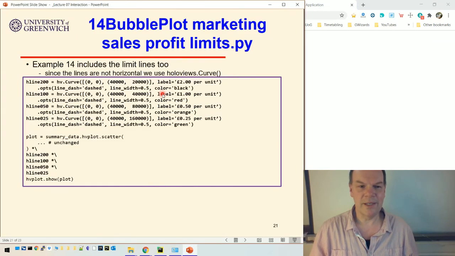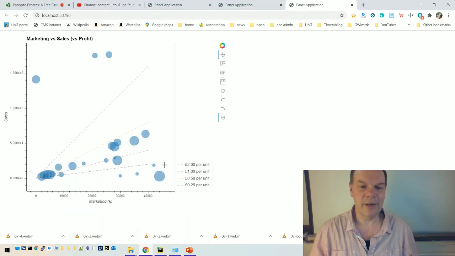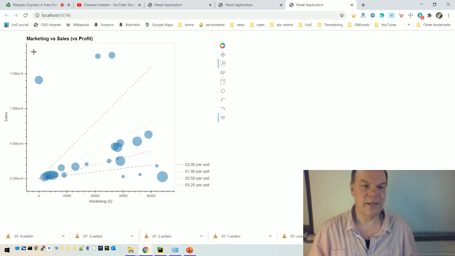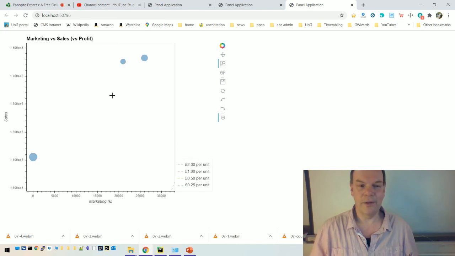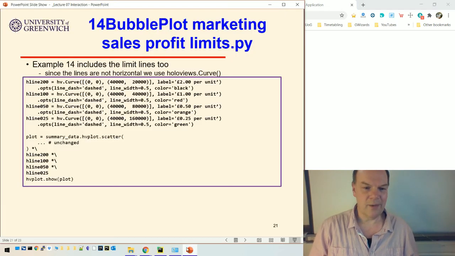It's me who's choosing these lines. Remember, these lines are chosen by me to represent possible ways of splitting up that chart. Then I can see that most of the values lie between here, and we've got some outliers down the bottom here, which I can zoom in on now. I can zoom in on those outliers at the bottom, or if I reset, I can zoom in on the outliers at the top, where there are very high sales but very low marketing. So we can do that option as well.